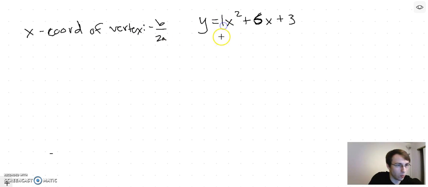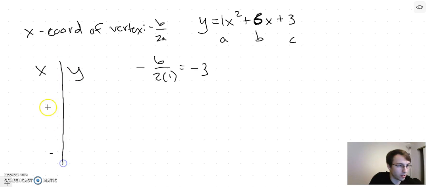Remember, in this case, a is 1, b is 6, and c is 3. So negative b over 2a is negative 6 over 2 times 1, which is negative 6 divided by 2, which is negative 3. So that means that when we make our table, x and y, we should start at negative 3.